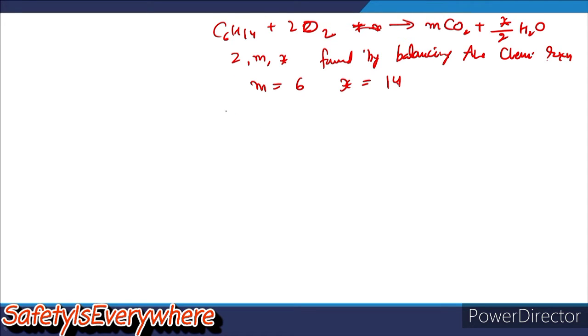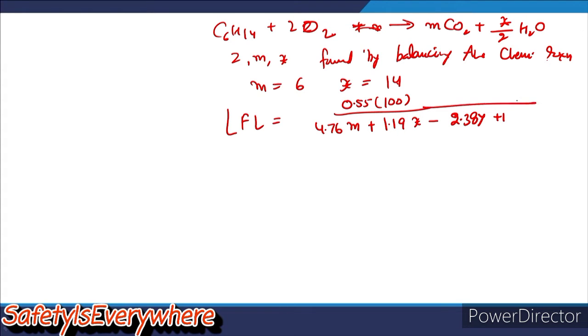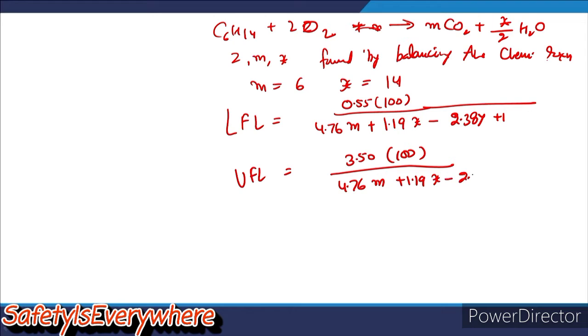So LFL and UFL are determined by LFL is equal to 0.55 times 100 upon, remember that particular formula which we have already discussed in the theoretical module, 4.76 M plus 1.19 X minus 2.38 Y plus 1, and similarly the UFL is 3.50 times 100 upon 4.76 M plus 1.19 X minus 2.38 Y plus 1.